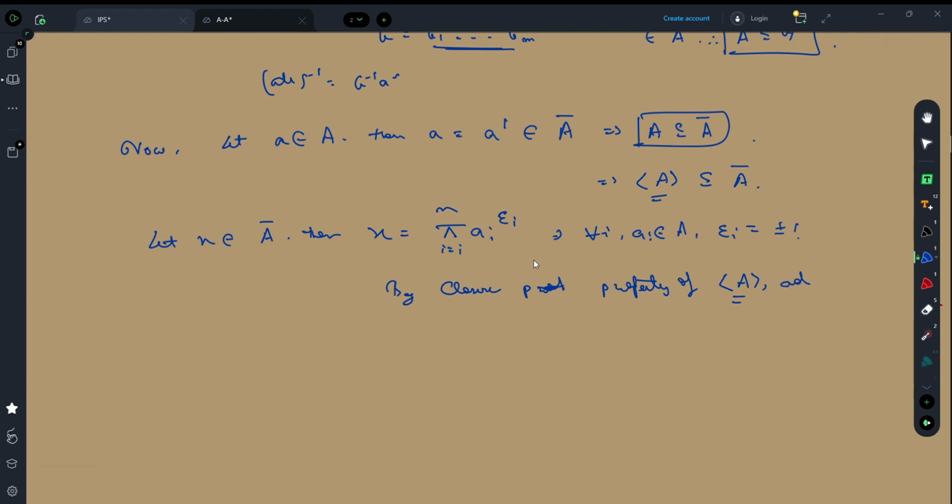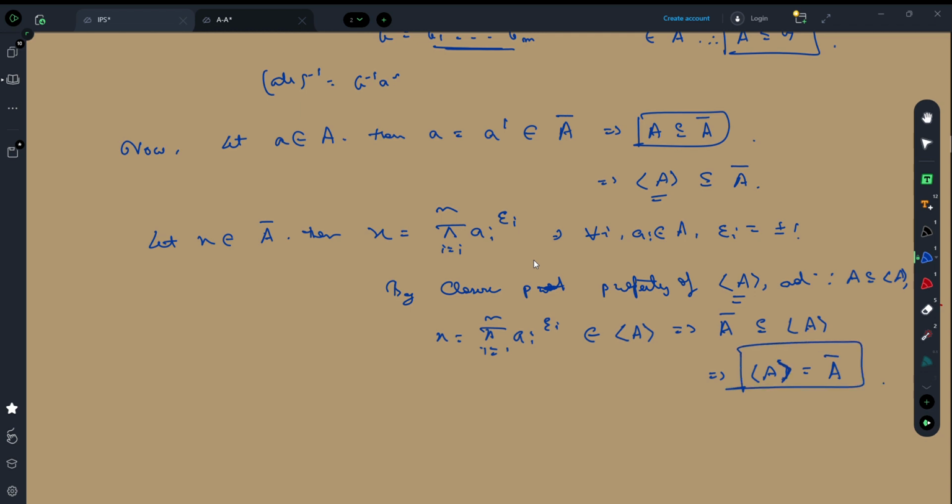I hope it's clear. So by the closure property, and since A is contained in this, every element of this form must be in the subgroup generated by A, which implies A bar is contained in this. So we have a two-sided containment, which implies that this must be equal to this.